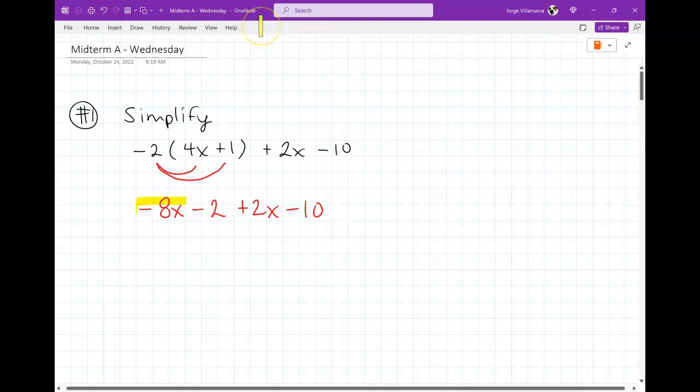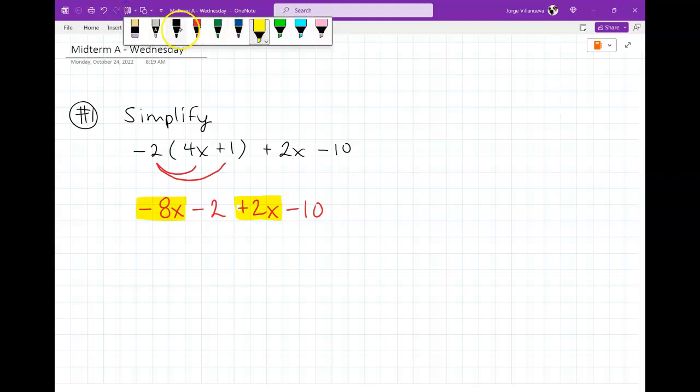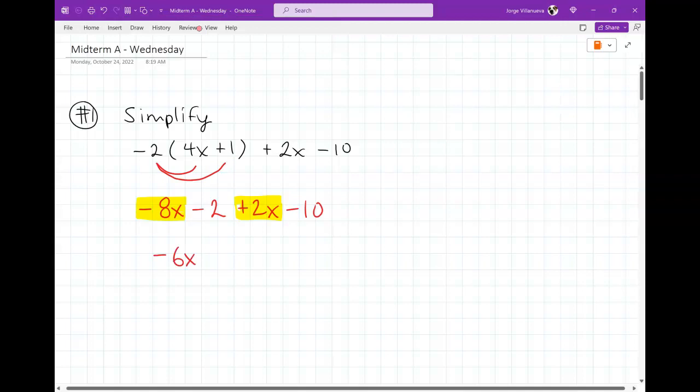These are like terms right here. I can add those together. So negative 8x plus 2x is negative 6x. And then the negative 2 minus 10, those are like terms, so that's just going to be minus 12. You cannot combine the last two terms, because they don't have the same variable. So you're done. This is it.